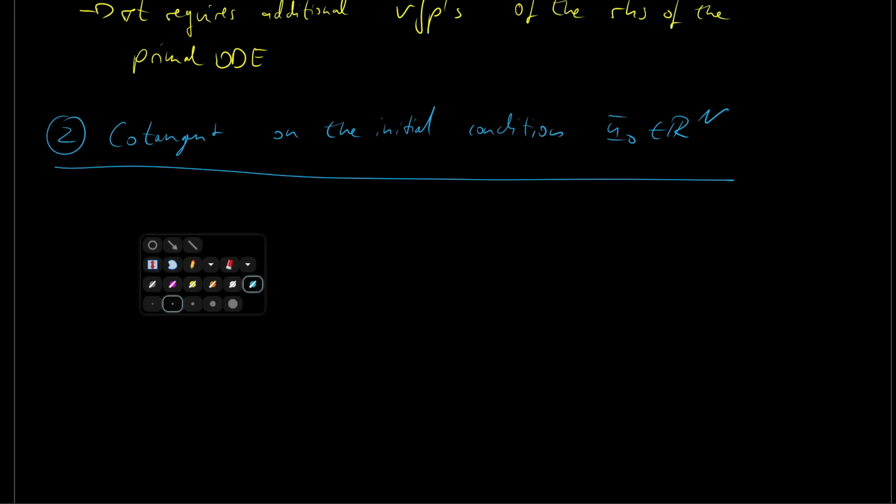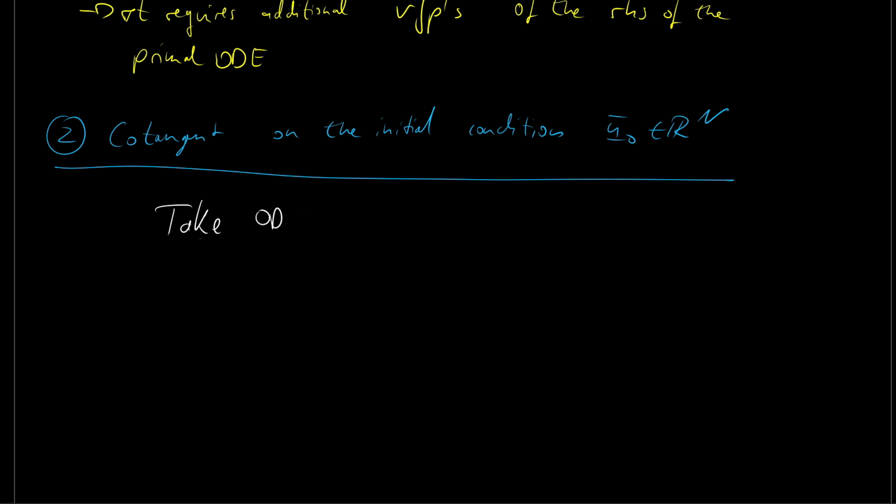Okay, and the steps in order to obtain them are more or less the same as for the parameter cotangent, so I won't go into them in that much detail anymore. We will start again with the ODE constraint, and if you recall, that was the ODE condition, so du by dt is the right-hand side, f of u and theta, that we also saw a couple of times before.